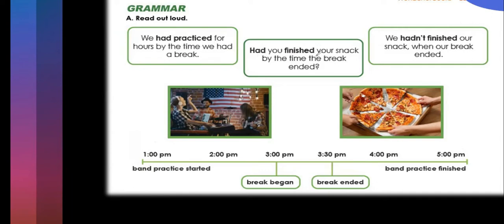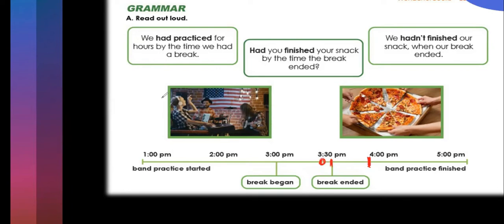Here we have a question. Had you finished your snack by the time the break ended? Maybe they are asking this question here. They are asking you if you finished your snack by the time the break ended. It means here. Why? Because this is the second action.